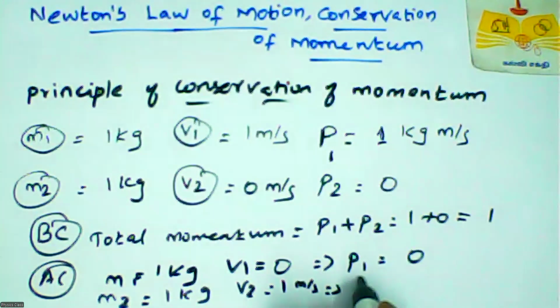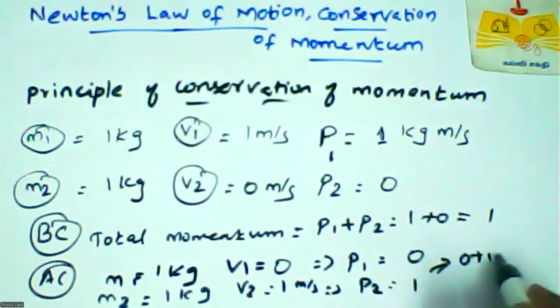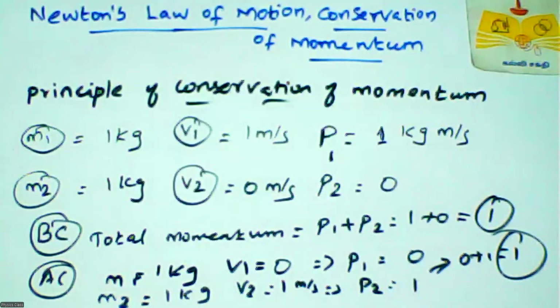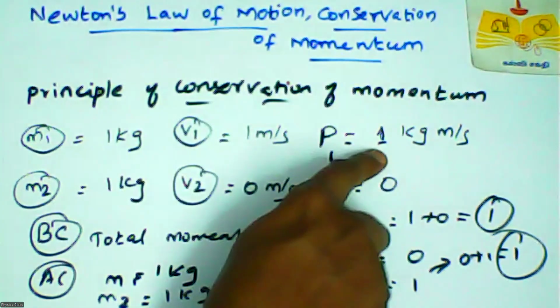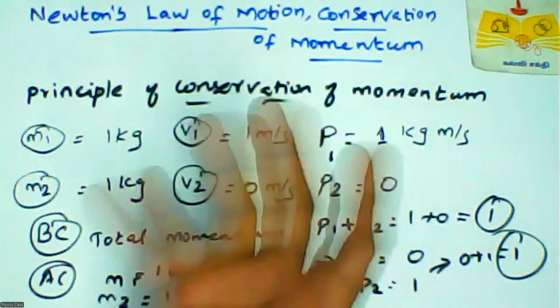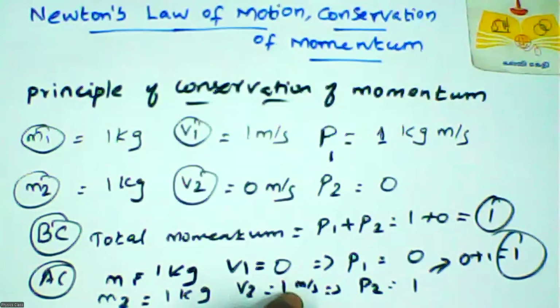So P2 is equal to 1. Total momentum 0 plus 1, 1. So total momentum before collision is same as total momentum after the collision. Ball 1 transfers all its momentum to ball 2 after the collision, showing conservation of momentum.